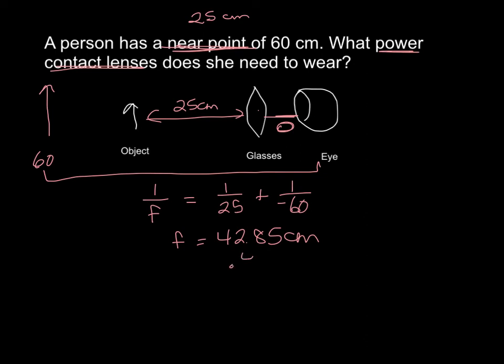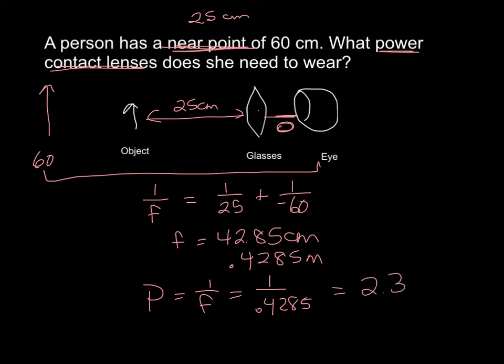So that's 0.4285 meters, and then our power is going to equal 1 over our focal length, so 1 over 0.4285, and that will give us 2.33 diopters. So we know that these are convex, and it's going to be 2.33 diopters for the power.